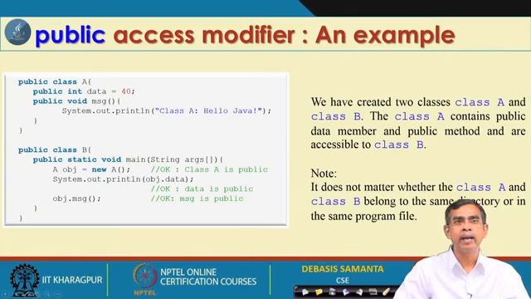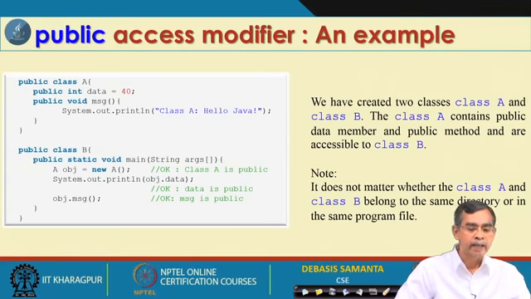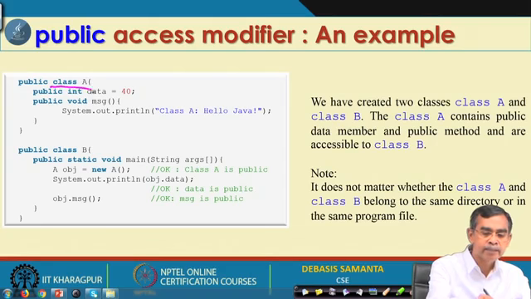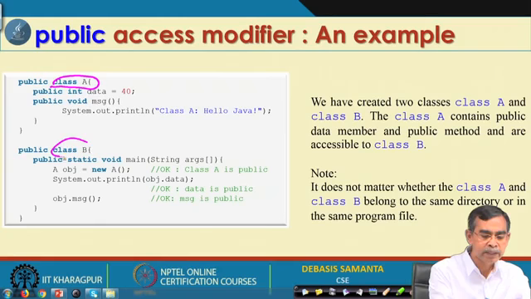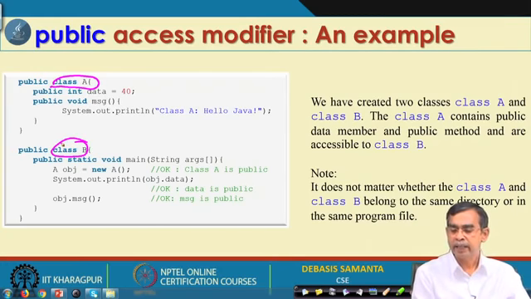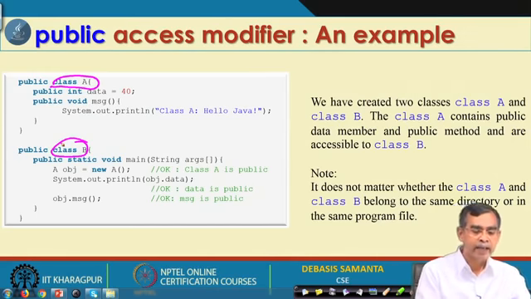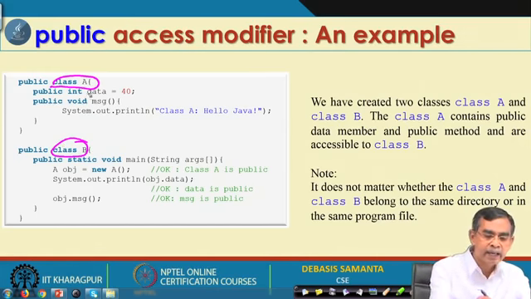Let us come to another example. Here again we declare class A as public, and there is another class B, both declared as public. So here we created two classes, class A and class B, and in class A there is a public data member and a public method.